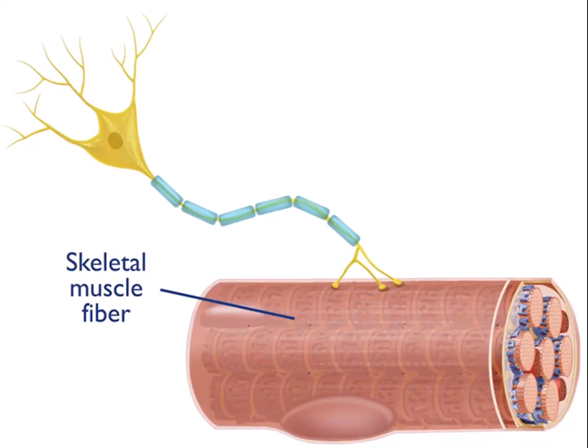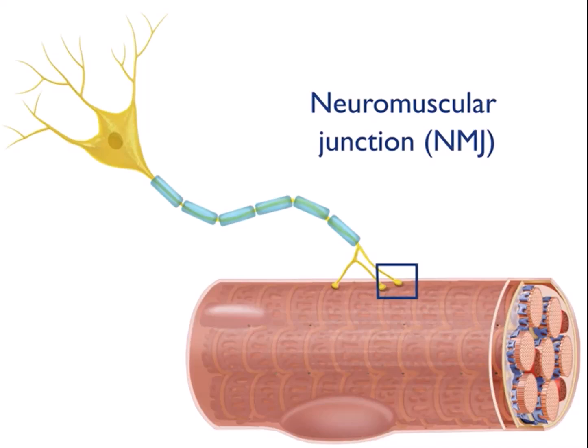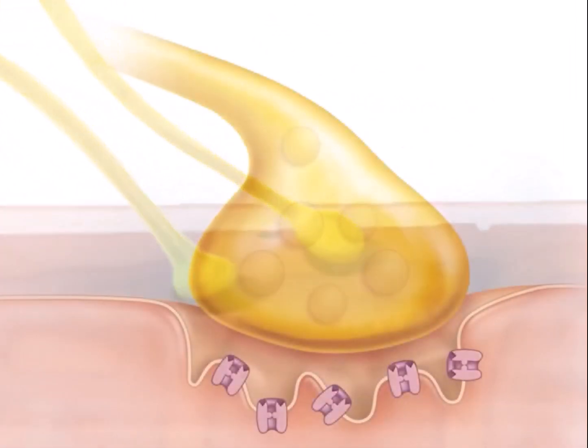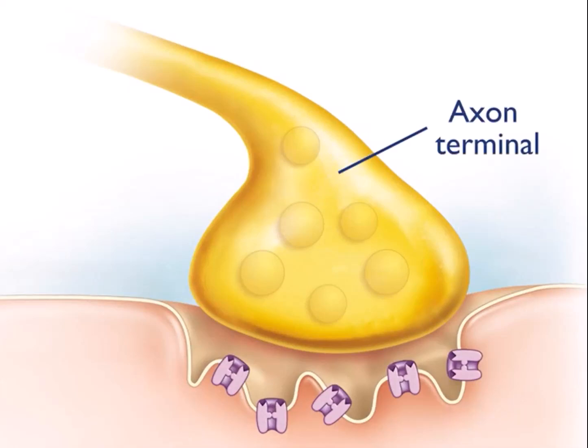Skeletal muscle fibers contract only if stimulated by a motor neuron. The connection or synapse between a neuron and a muscle fiber where this stimulation occurs is called the neuromuscular junction, or NMJ. The neuromuscular junction forms between the axon terminal of a neuron, which is the expanded end of a long process called the axon, and a portion of the muscle plasma membrane called the motor end plate.